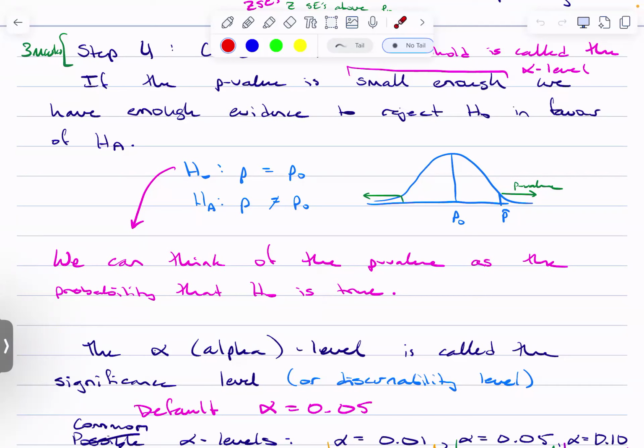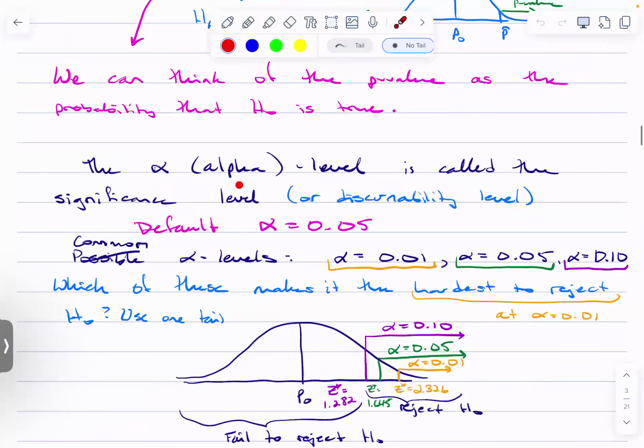There is a technical part of me that says, no, that's not exactly the right thing, but it is a helpful way of thinking about it. And so if you think of the p-value as the probability that this is true, then once you get small enough, less than the alpha level, which is usually 0.05, then you start to say, I'm going to reject H naught in favor of HA.